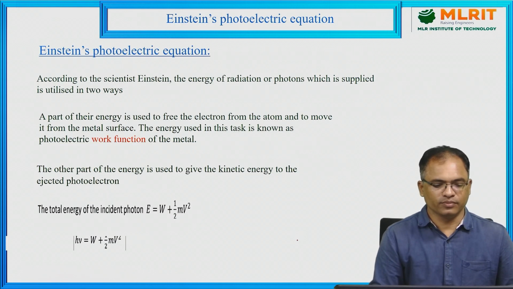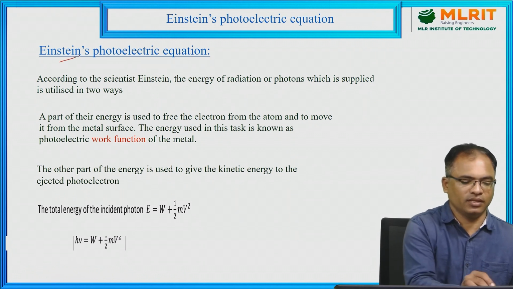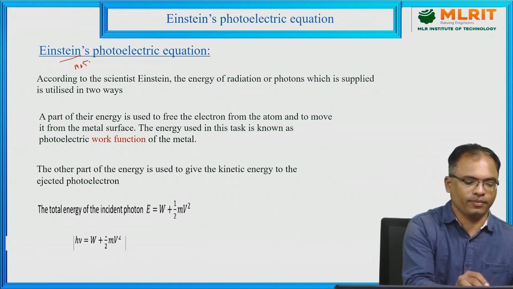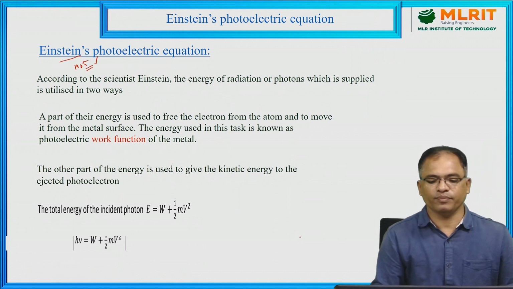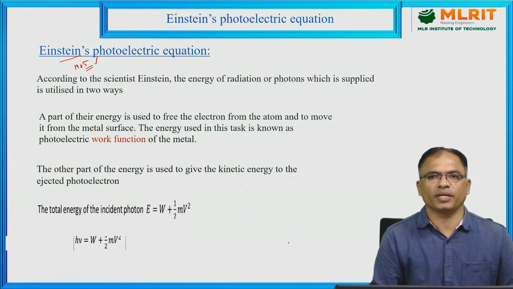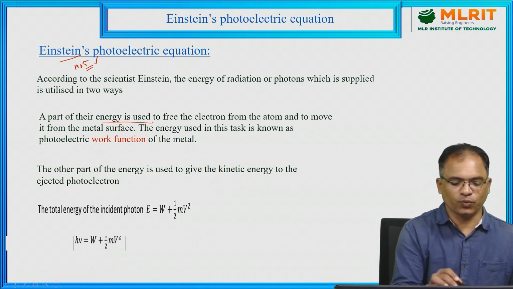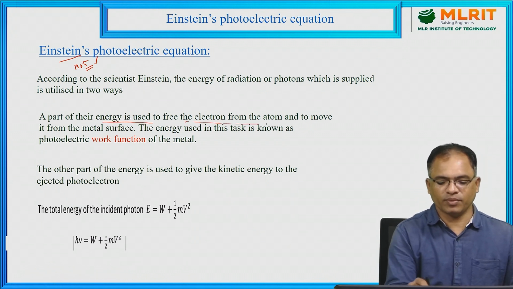Now, Einstein's photoelectric equation. So photoelectric effect was studied extensively for the first time by the scientist Einstein in the year 1905. According to him, the energy of the incident photon on the metal surface is going to be utilized in two ways. Some portion of that energy is going to free the electrons from the atom.